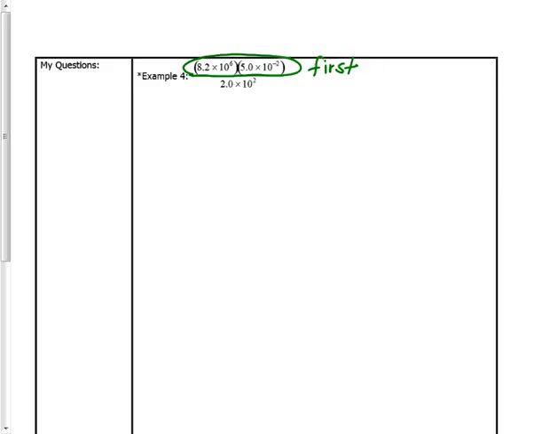So again, we said if we're multiplying, we can multiply our coefficients. 8.2 times 5.0. If I multiply them, I'm going to get 41. So that's a multiplication little dot right there.